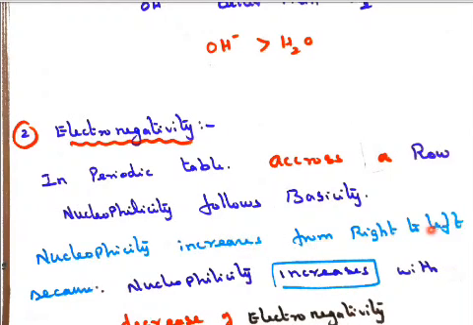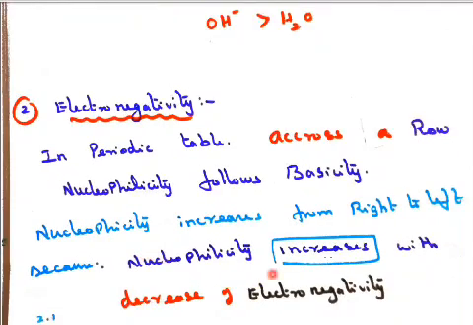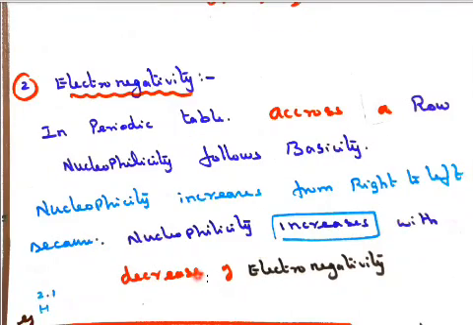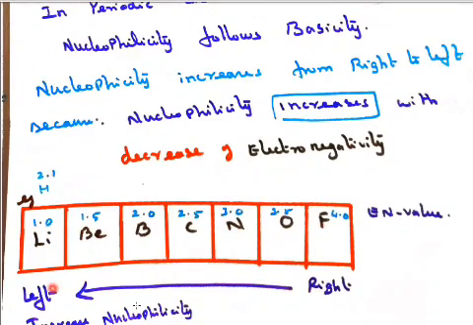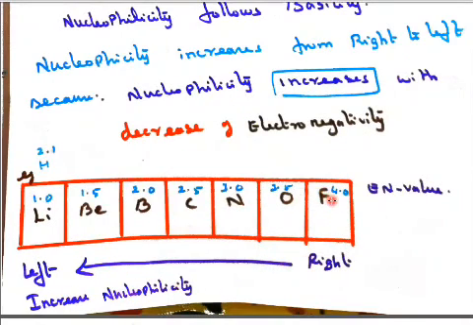Across a row, nucleophilicity follows basicity. Going from right to left, nucleophilicity increases, because as the electronegativity value decreases, nucleophilicity increases. Hydrogen is 2.1, lithium 1.0, with 0.5 differences only.